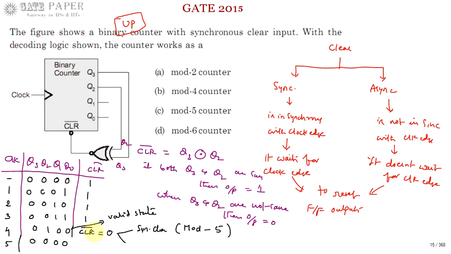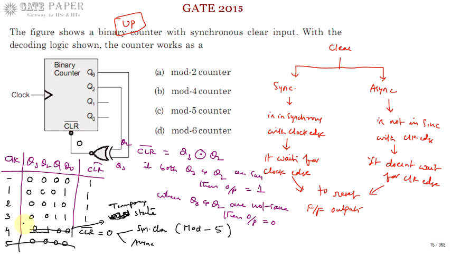If the clear is asynchronous, it doesn't wait for the clock edge. As soon as the fourth clock edge appears, the output goes to 0100. Whenever Q3, Q2 become 01, the output of the XNOR gate will be 0, and that 0 will make all the outputs become 0. So this 0100 is treated as a temporary state, not a valid one.